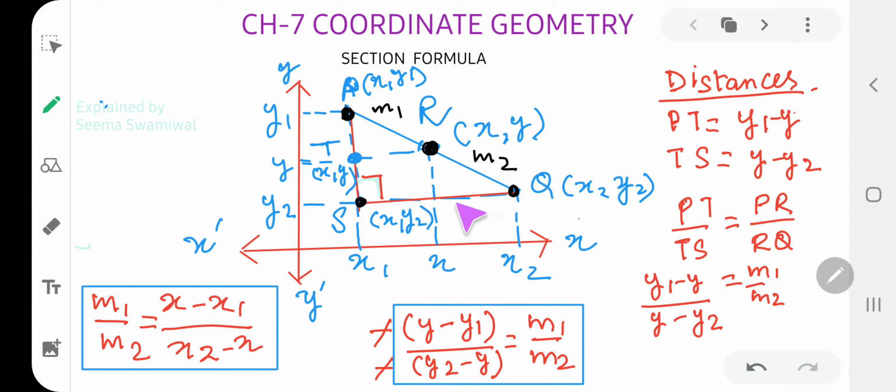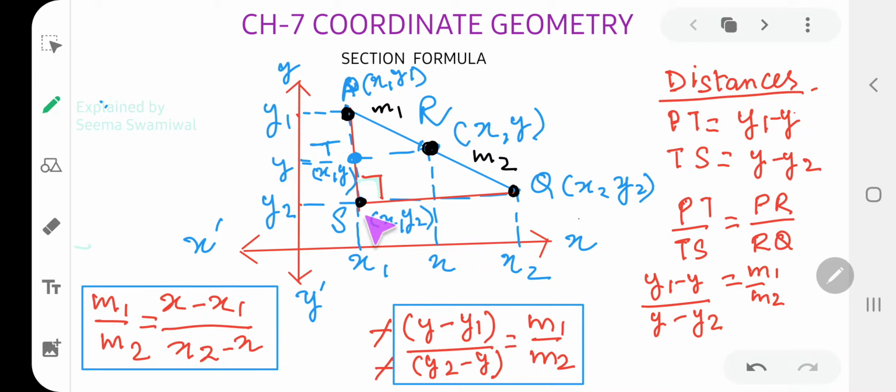And from here, if I draw a line hitting the y-axis, as the coordinate is y2, this point should be y2. And if I drop a line straight hitting the y-axis from P, then the coordinate of this point must be y1.